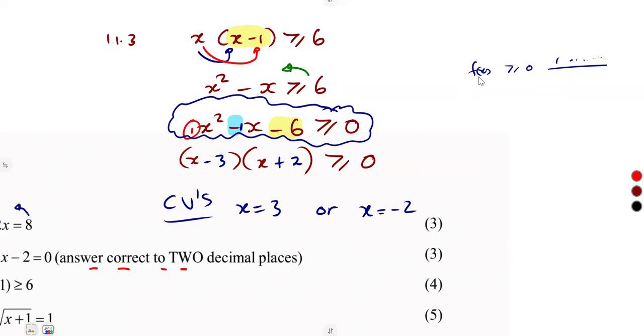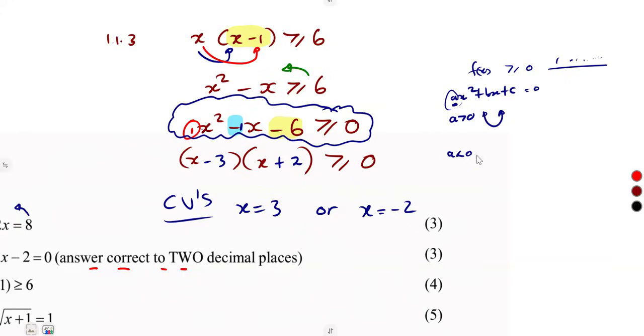We can consider the shape of the function, ax squared plus bx plus c. The a gives us the shape. For a greater than 0, it's going to be concave up.